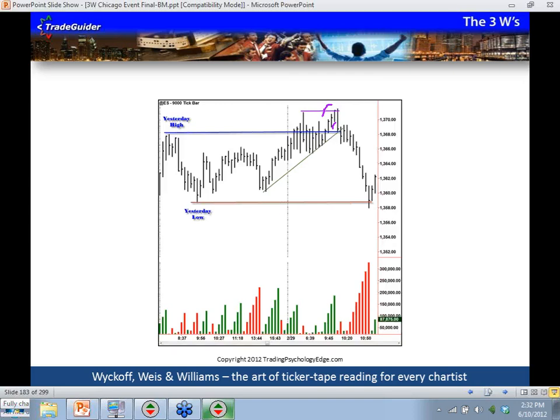Is there a reason for that? Gavin, I think, hit the nail on the head, and that is that the weakness, when it does come in, comes in fast. When that market falls, it falls quickly, as opposed to going up.